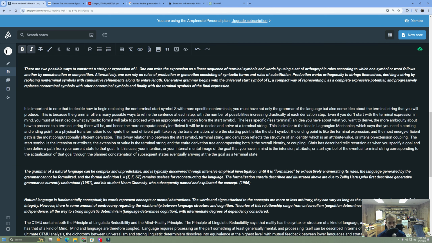That is the most efficient way to get there. And then you subsequently go through planned state transitions until you achieve that goal and bring it to the terminal level.